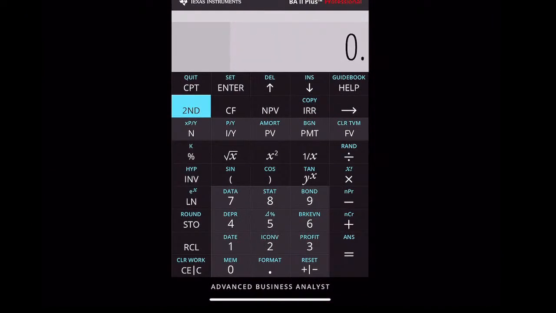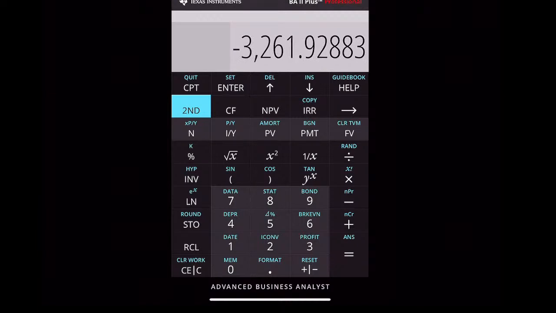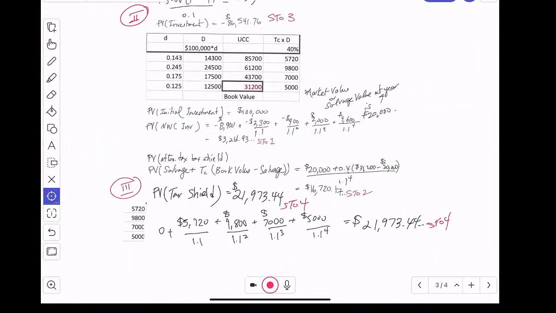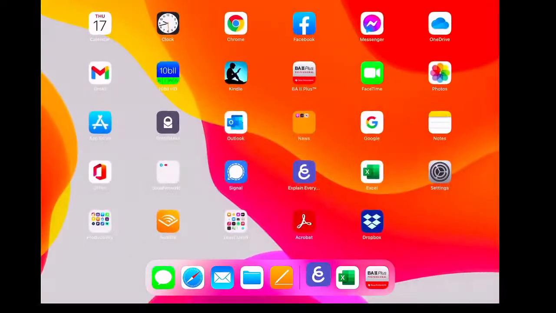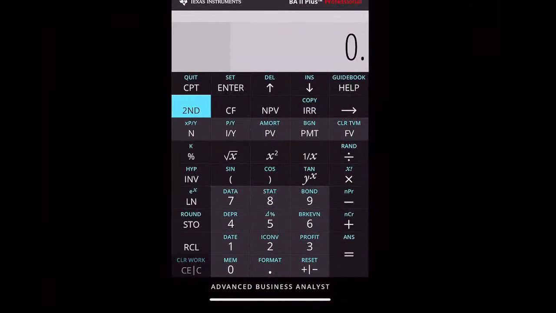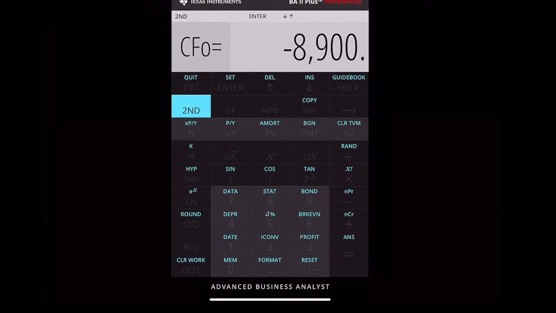So I've stored, what's my store 3? Okay, so store 3 and store 4 I need. I want to get this for store 4. Let's put those together. Clear my CF work.